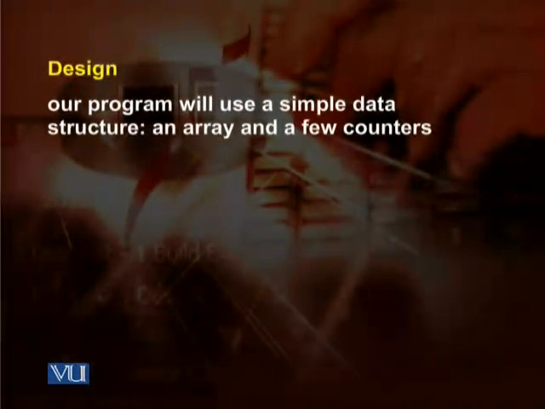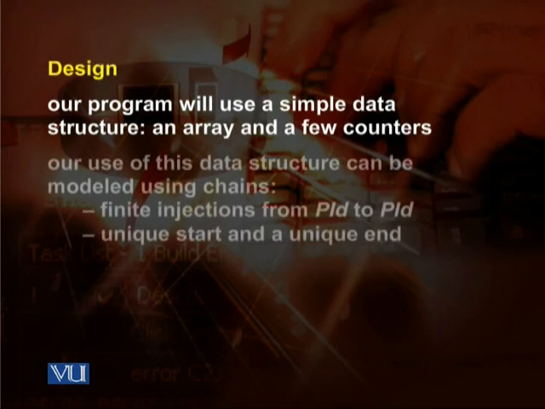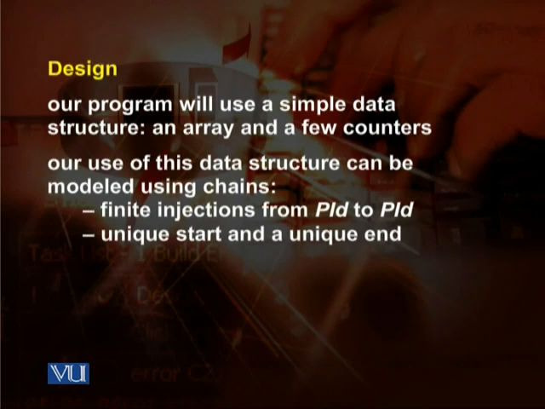The first step that we are going to take is that our program will use a simple data structure, an array, and a few counters. So we have decided to use an array to implement our sets. Our use of this data structure can be modeled using chains, which is an injunction from PID to PID, and will have a unique start and a unique end.